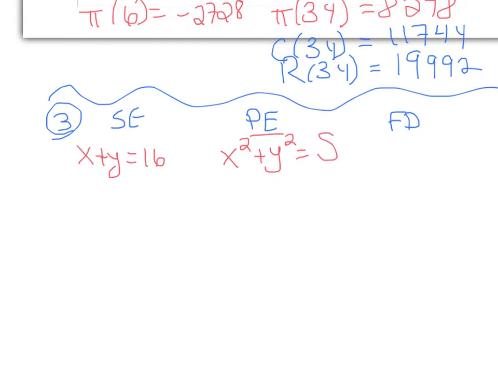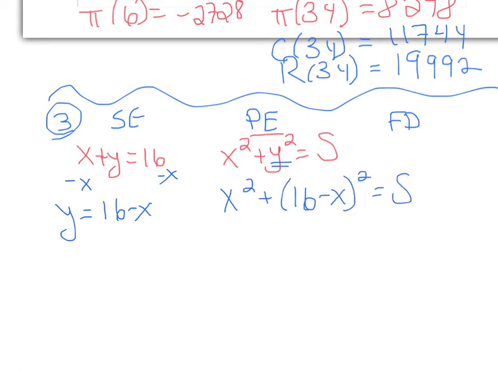So now what we have to do is isolate a variable in our secondary equation. So y is 16 minus x. We're going to substitute that in here. But when you have 16 minus x squared, that is 16 minus x times itself.